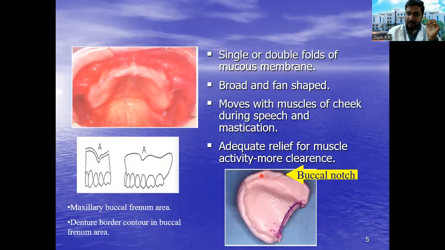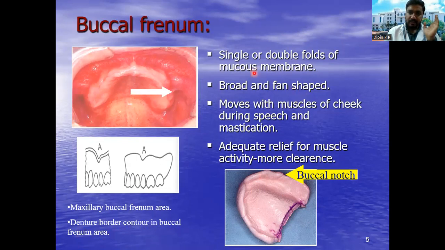The same applies to the buccal frenum. When compared to a labial frenum, the buccal frenum is a single or double fold of mucous membrane, and it is a broad and fan-shaped mucous membrane attachment. In the labial aspect, I told you it is a narrow attachment, but in the posterior aspect where there is a buccal frenum, it is broad and fan-shaped.